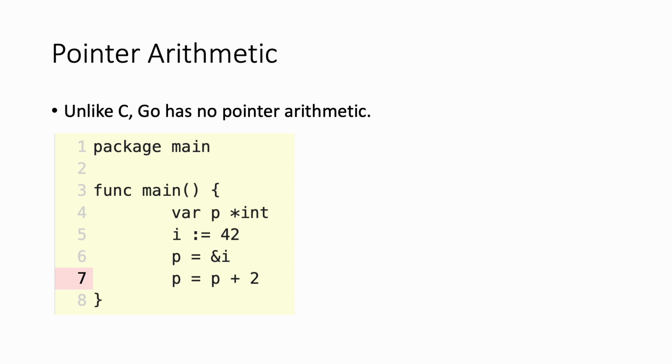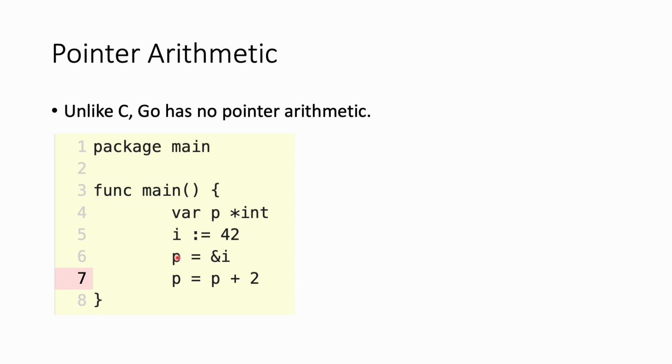Pointer arithmetic is the set of valid arithmetic operations that can be performed on pointers. An arithmetic operation that can be performed on pointers in the C language is to add an integer to a pointer. But that doesn't work in Go. For example, in this program, we declare variable p to be a pointer to an int value.